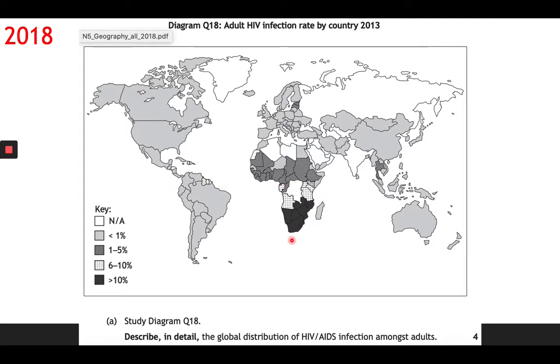You could then maybe say, for example, in South Africa, this part here, more than 10% of the population have got HIV and AIDS, and that would get you a mark as well. The UK is much lower, less than 1% of our population are living with HIV, and that would get you another mark. I wouldn't then get a mark for saying in the USA there is also less than 1%, because you've already mentioned the 1%. So try and go for a country that's 1 to 5 or 6 to 10 to get those extra marks.